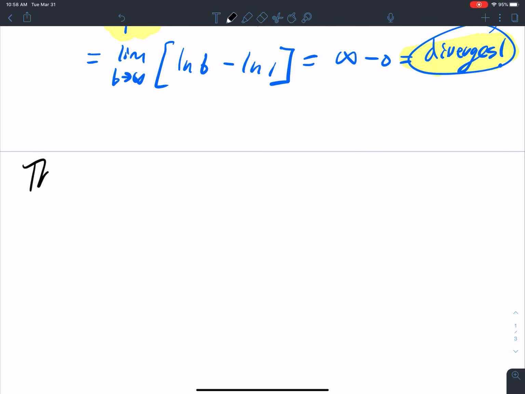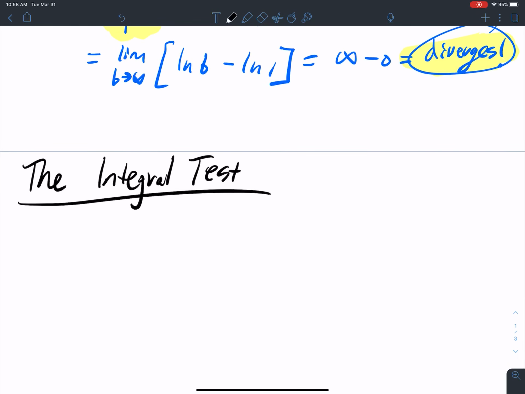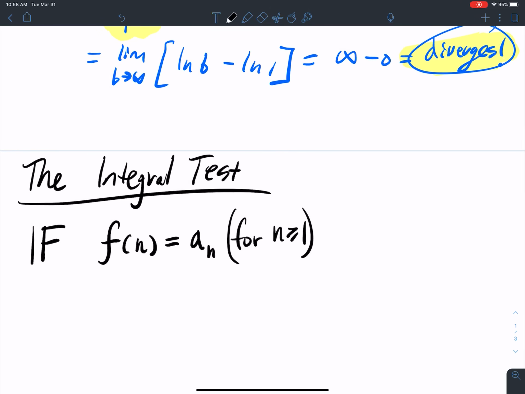So the integral test. All right, there's a couple of conditions we have to meet for the integral test to hold. For number 1, the function f(n) is defined as equal to a_n for n greater than or equal to 1. Now, sometimes the first couple of them don't work, and that's okay.